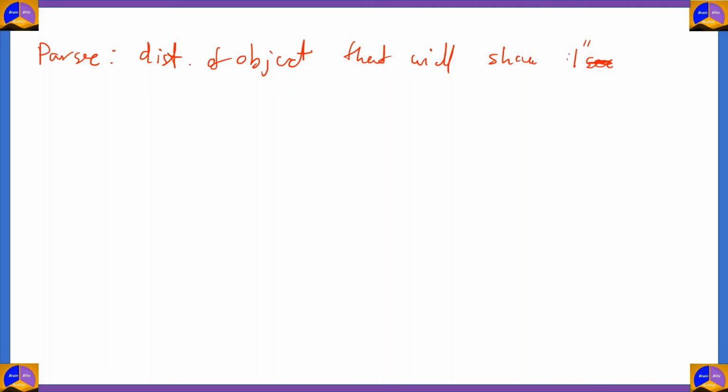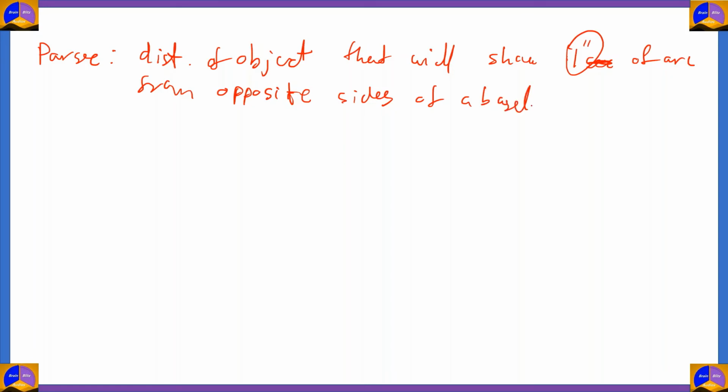So this is written as 1 second of arc from opposite sides of a baseline equal to the distance between the sun and Earth.